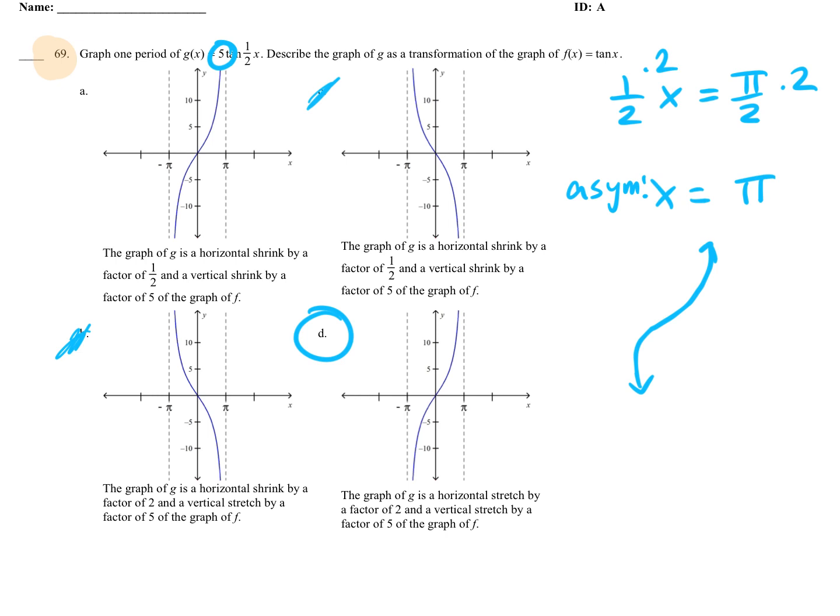The number inside, after the tangent, is the opposite of what you think. So that's why it says that it's a horizontal stretch by 2. But just look at the number out front, and that'll give you your answer. So here it says a vertical shrink by a factor of 5. We know that 5 is greater than 1, so it should be a vertical stretch.